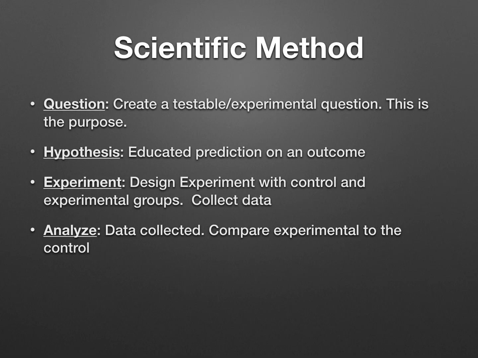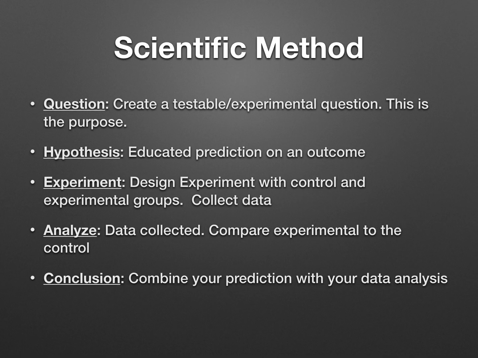The next is analysis. So you take the data that's collected, you compare one to the other. And this is where you're starting to learn, am I right? Am I wrong? What happened? What do the results tell me? That will all be done in the analysis part.